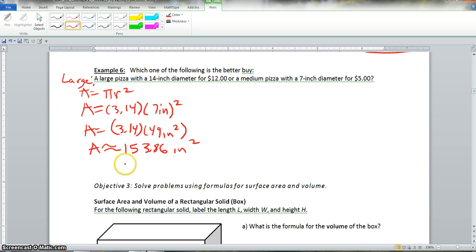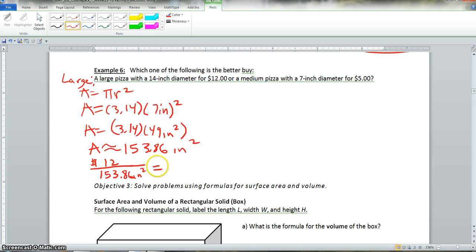Now, what we have to do to determine how much it costs per square inch, to see if we're really getting our value for our money, we would take the cost, which is $12, and we would divide it by the area, which is 153.86 square inches.